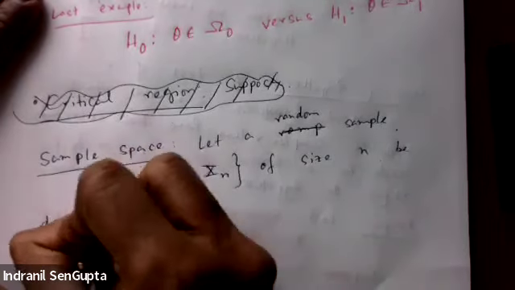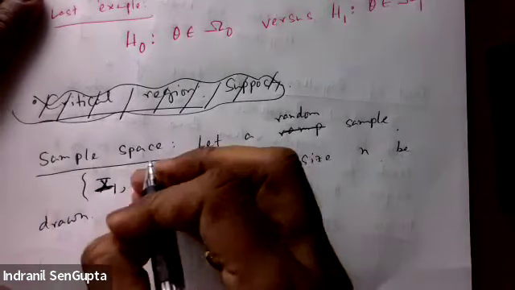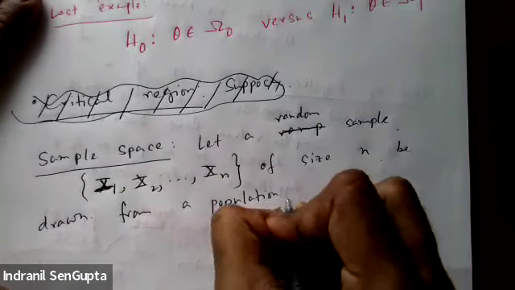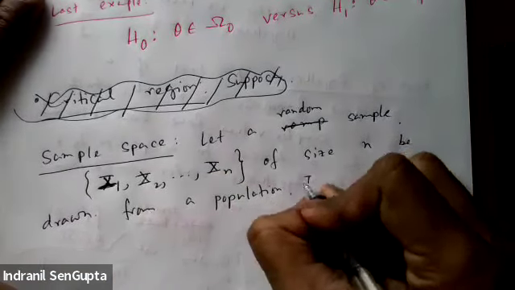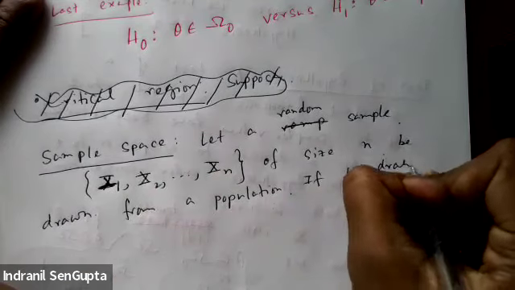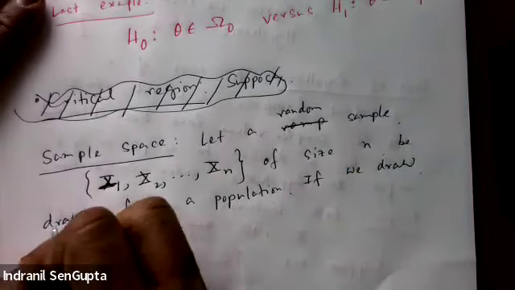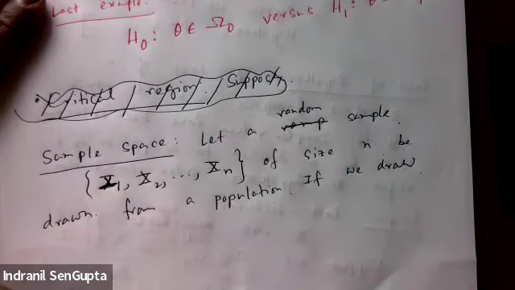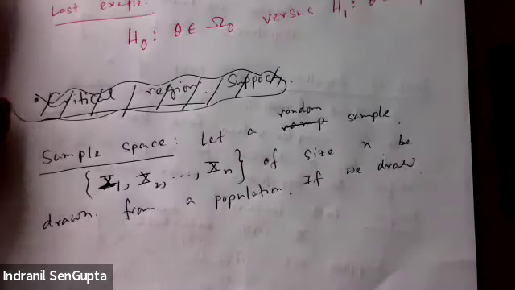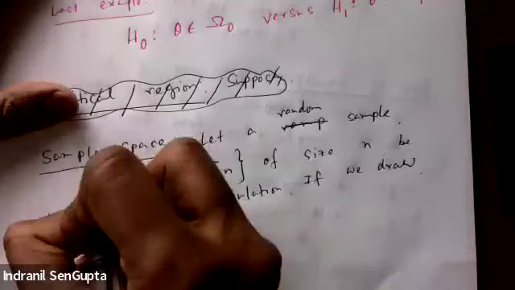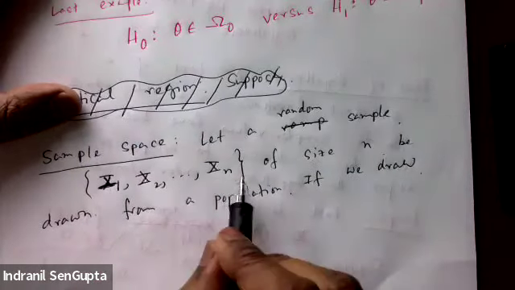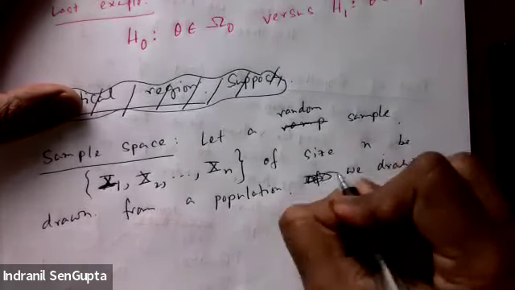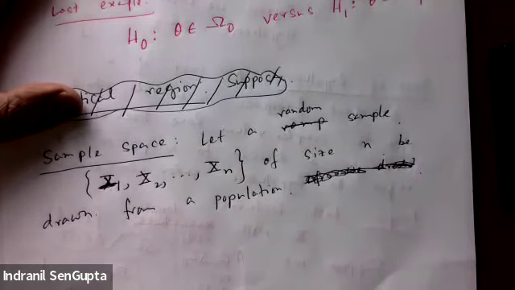By the way, this is my X, so it looks odd. According to my notation, this is the general notation for the random sample.